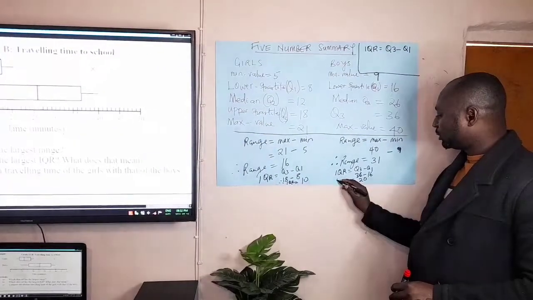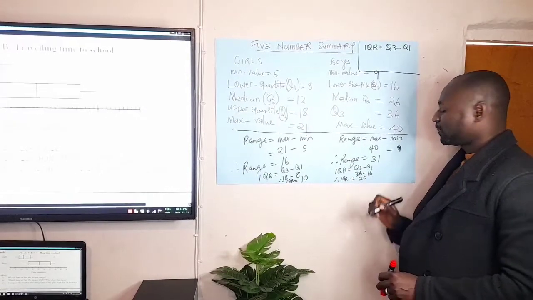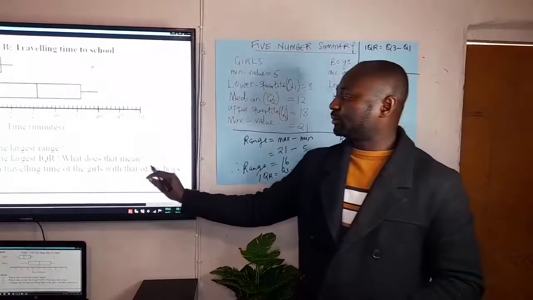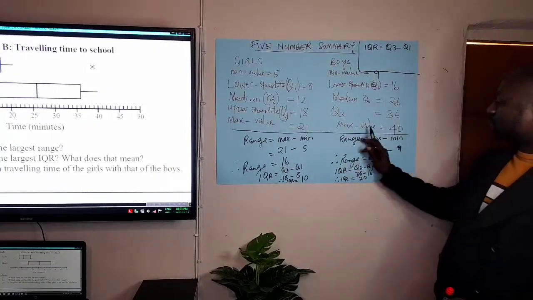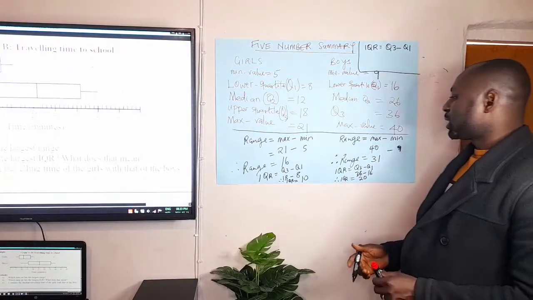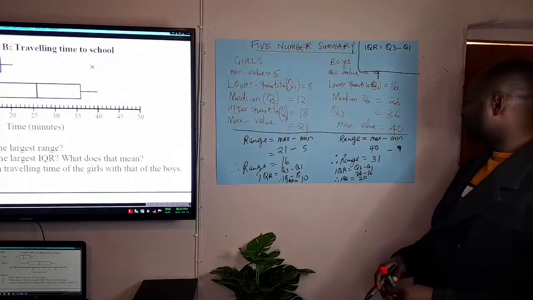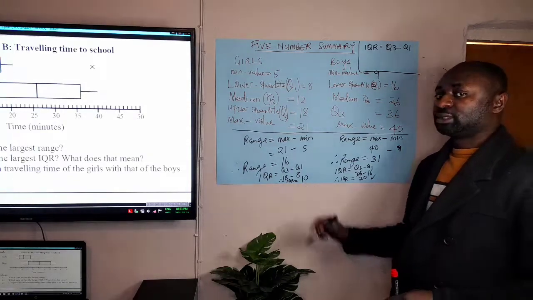So therefore we can say our IQR is 20. Now the question said, which of them gives you the largest IQR? So one can conclude by saying, therefore, the boys give the largest interquartile range because 20 is bigger than 10.